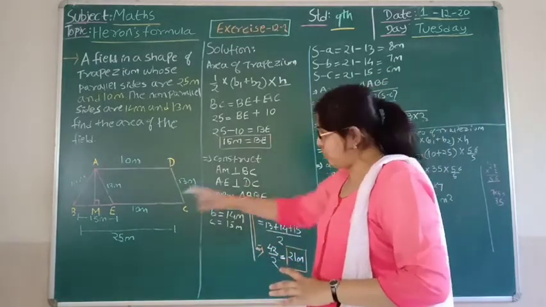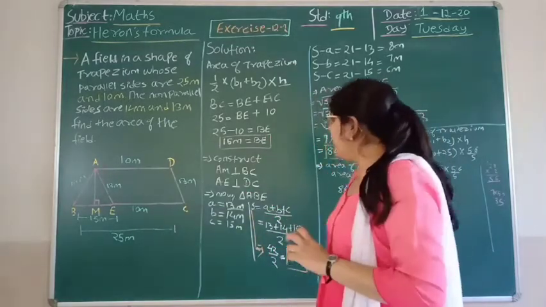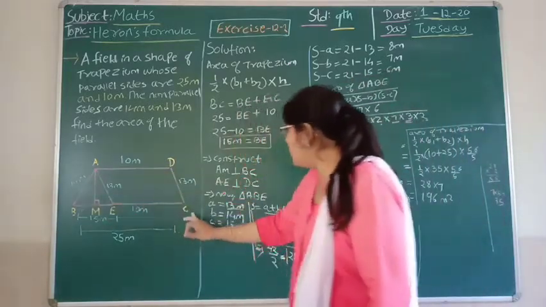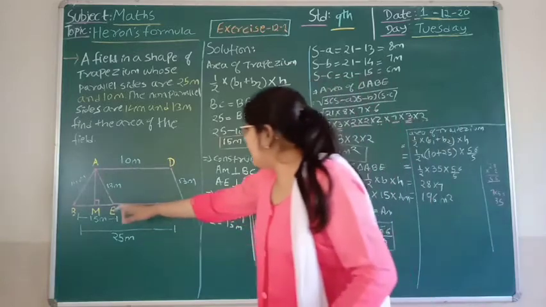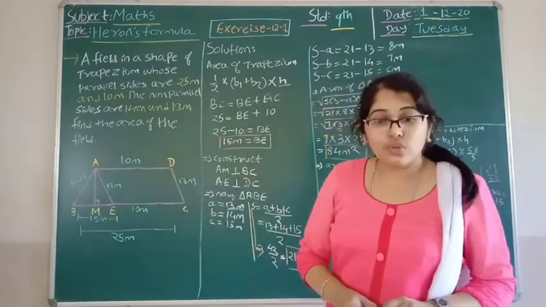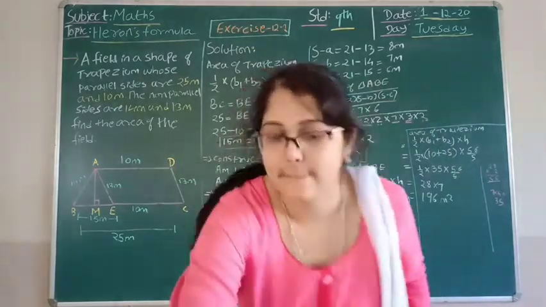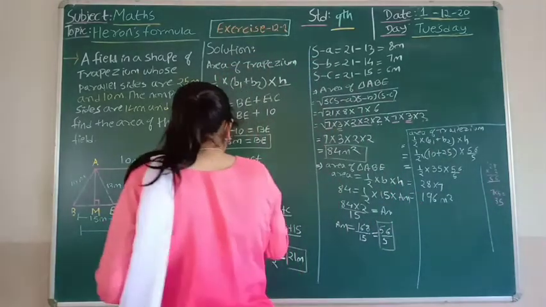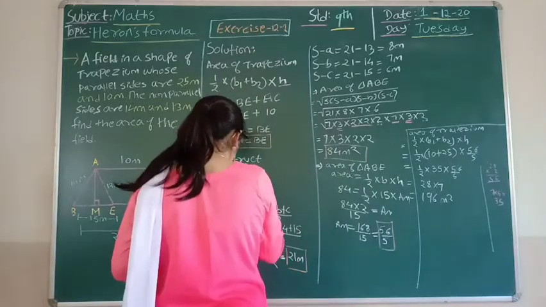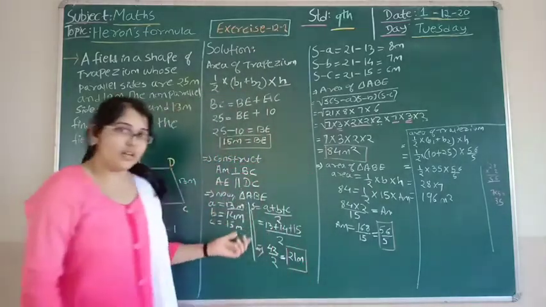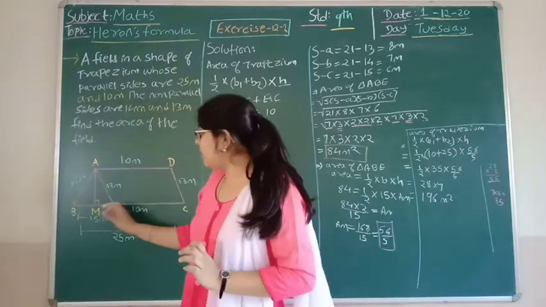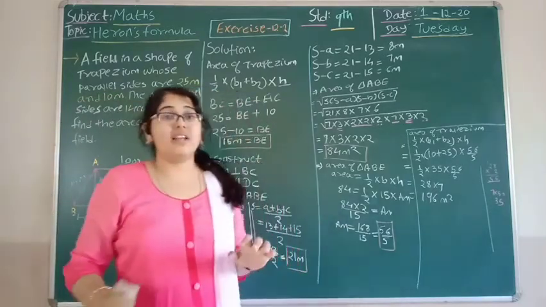Then we constructed it such that AM is perpendicular to BC and AE is parallel to DC. Then we have triangle ABE, and we found the area of this triangle by Heron's formula.